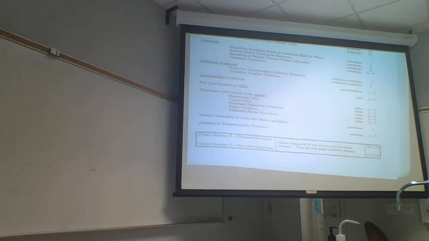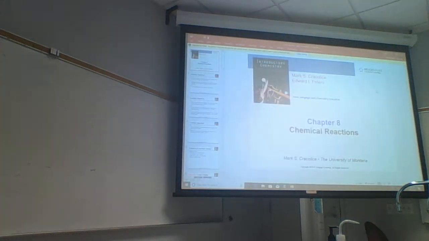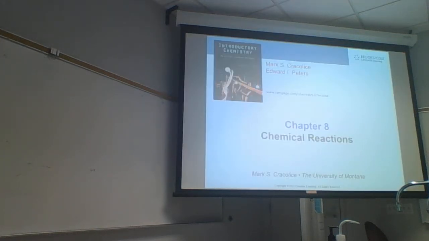I don't like the way it's organized in the supplement for the chapters. So I'm going to present it differently. It's going to be hard to follow along in the book or the PowerPoints, so I apologize in advance for that.